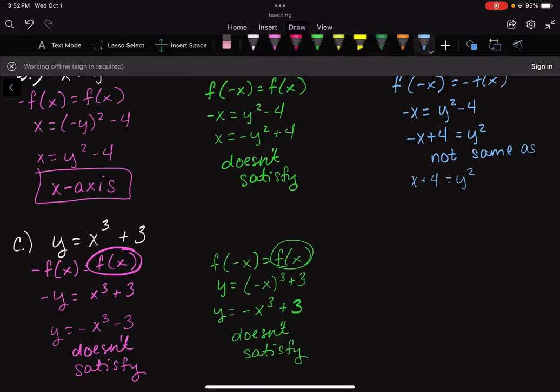And lastly, let's go ahead and try checking out the origin. So again, I'm going to plug in a negative x. And so this one, I get y is equal to negative x cubed plus 3.